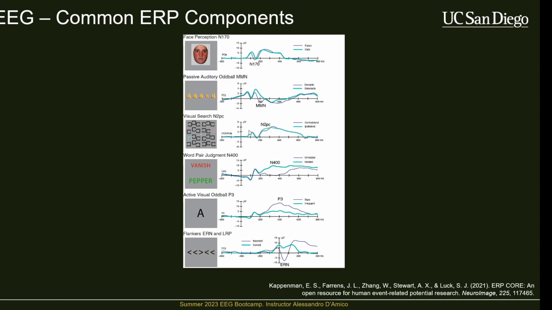The visual search N2PC is very popularly studied by the authors that wrote this, Kappenman and Luck. They're like the N2PC researchers. Honestly, I don't think the N2PC is that commonly cited, but they're obviously big fans of it, so they have it in here. This is an interesting task.